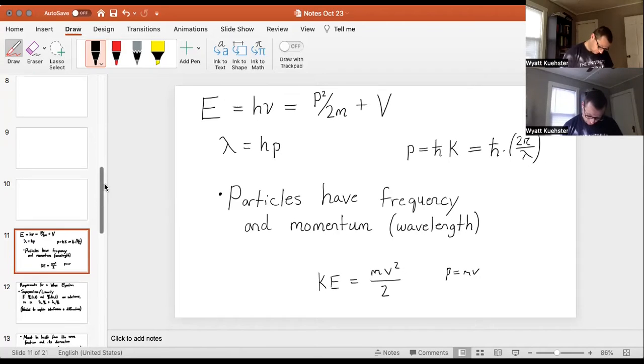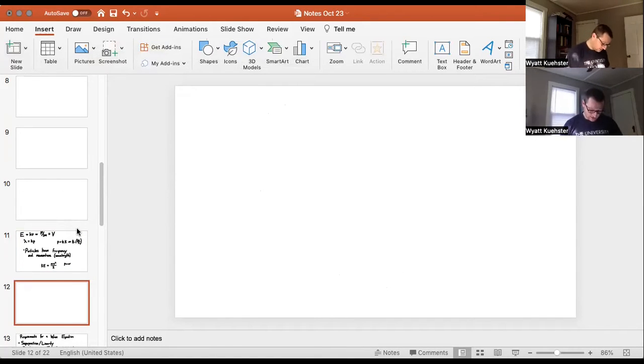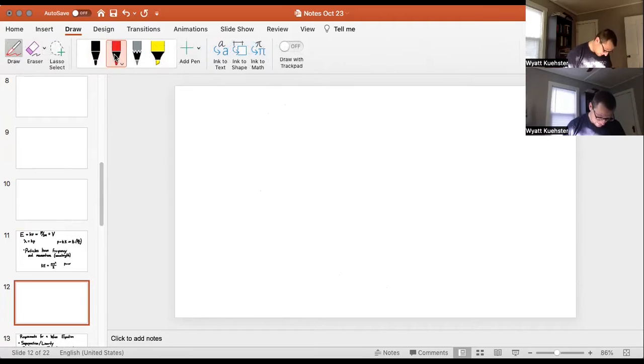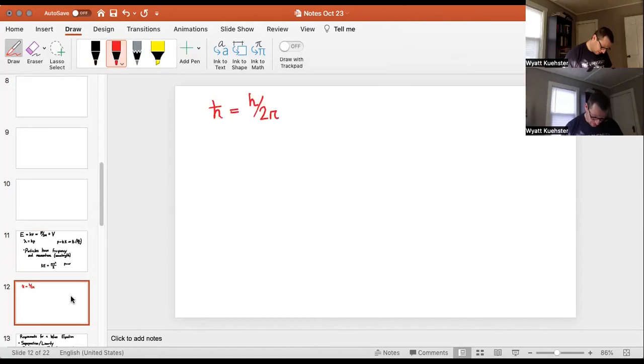And then I'm going to define some constants here just to make things a little bit easier. Maybe you've seen these constants before, but h bar is just h, Planck's constant, over 2 pi. And then we have this k here, the wave number.